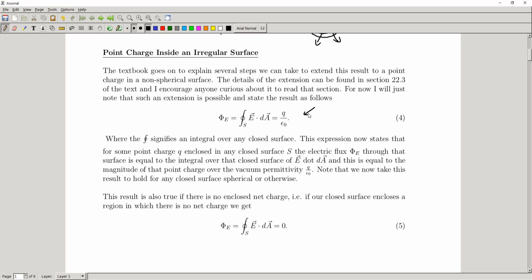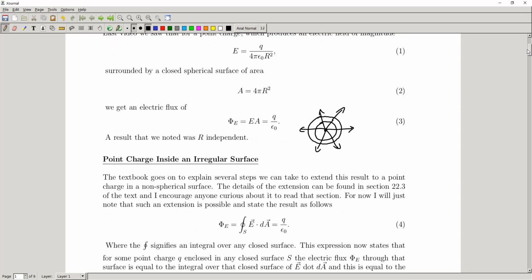So what is this doing? This is really extending this idea, and maybe I'll just draw it up here. Let me clean this up a little bit and then redraw. Let's imagine that these are our electric field lines. They continue out further, and in cross section, instead of a sphere, let's say we had some sort of weird kidney shaped thing.